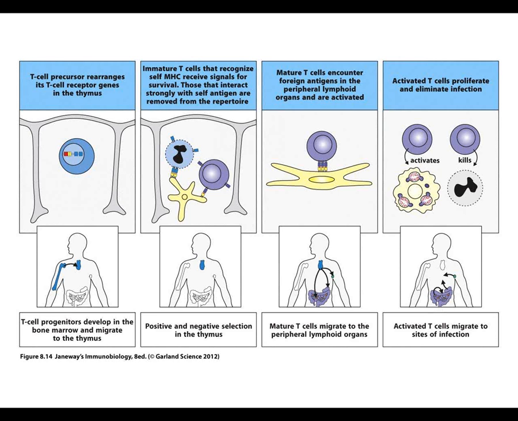I actually thought gamma delta T cells were thymic independent, but this chapter says that they actually go through the thymus. But I do think you're right that we think there are some that even if you had, for athymic, you would be able to detect some of those really low diversity peripheral mucosal T cells.